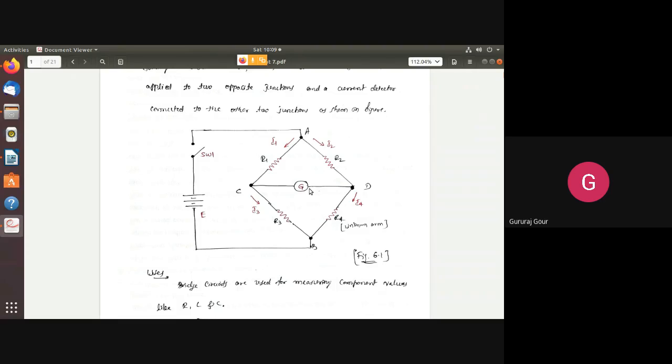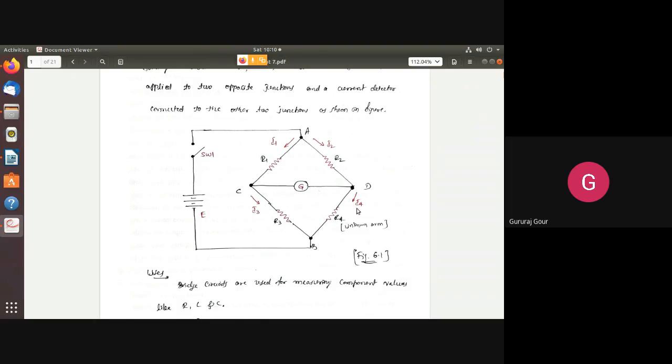Means we will have to ensure that the pointer is exactly in the middle. Later, depending on the unbalanced condition, the pointer will show the deflection either to the left or to the right side. So zero condition will be indicated by the middle one.